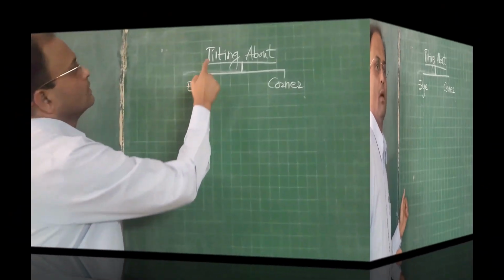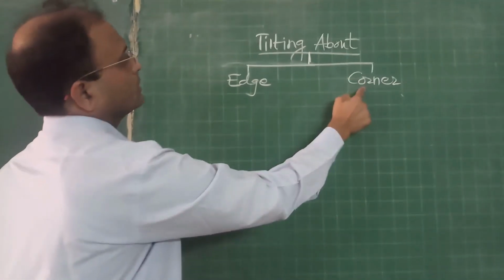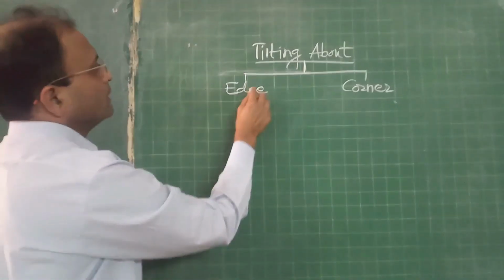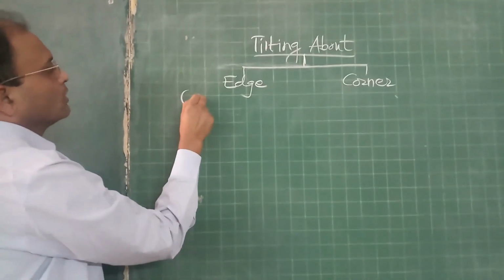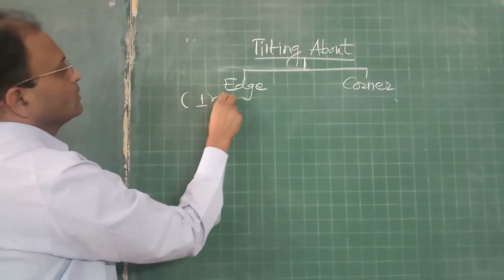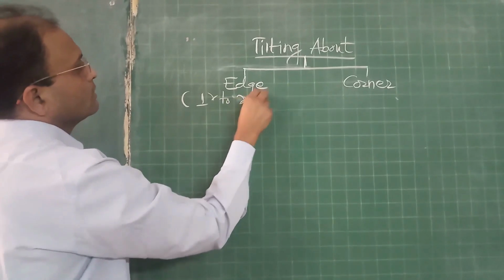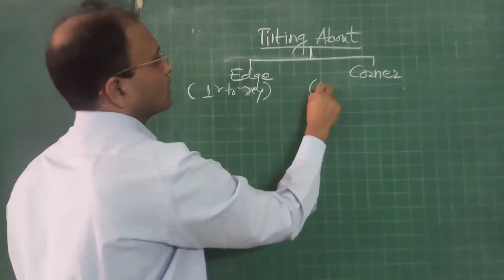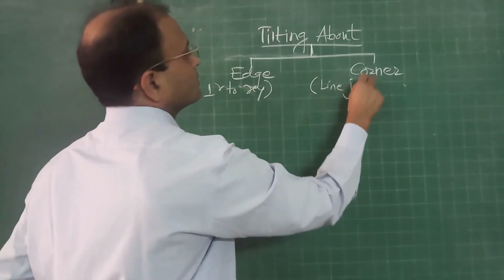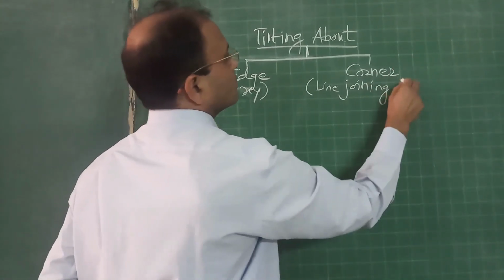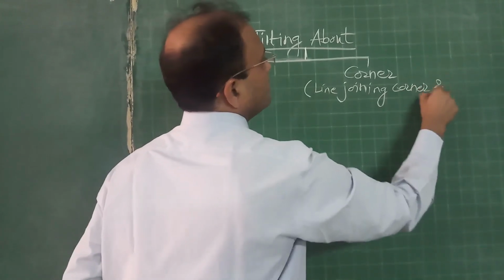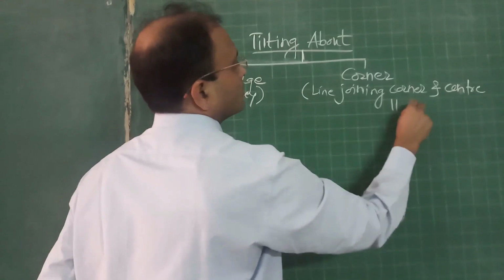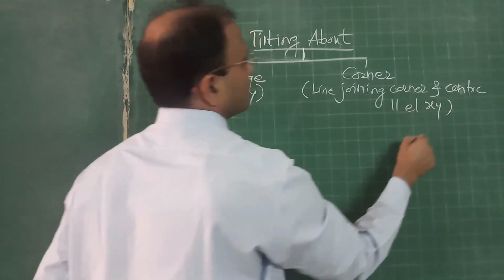Now let us decide if tilting is about edge or corner, then how to start with the first top view. Whenever tilting is about edge, we have to draw that edge perpendicular to XY in initial position, and whenever it is about corner, we have to draw line joining that corner and center parallel to XY.